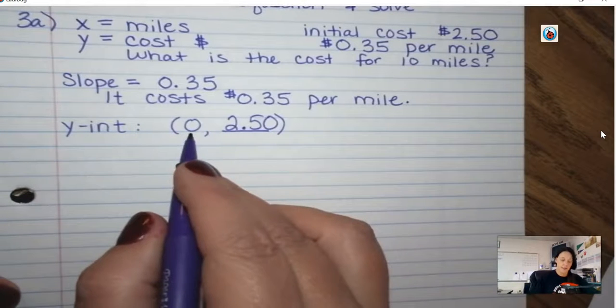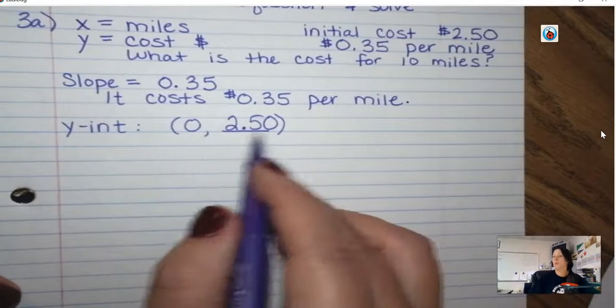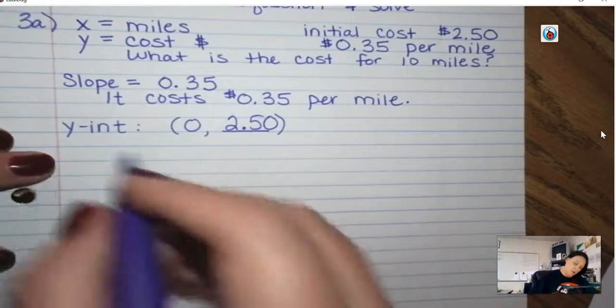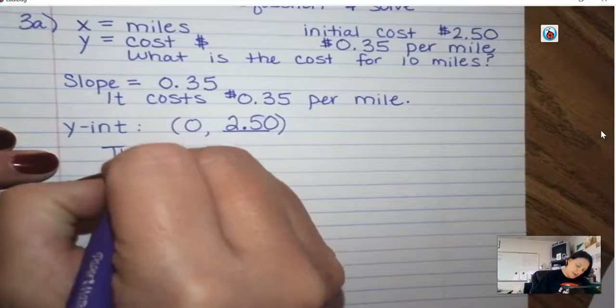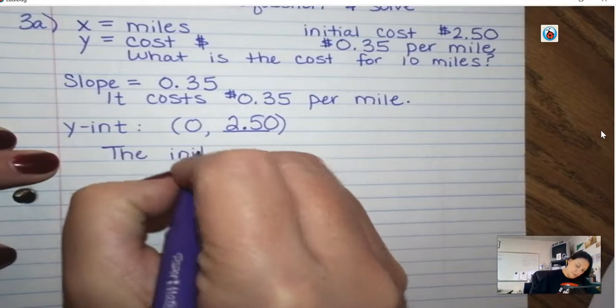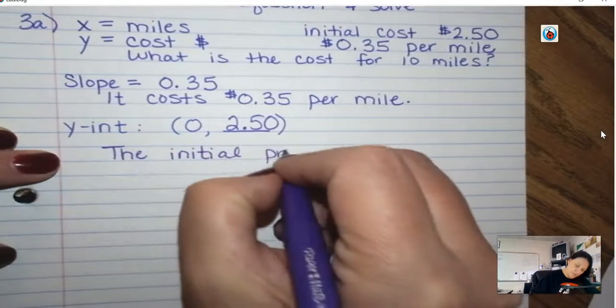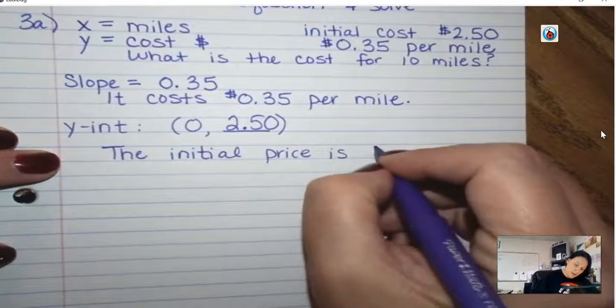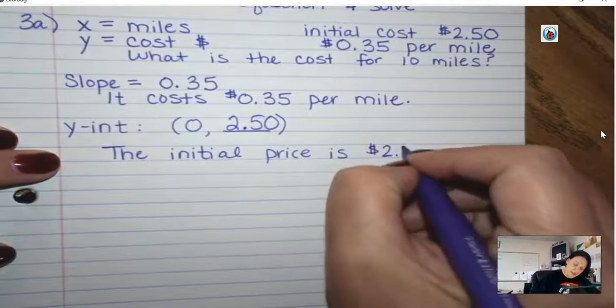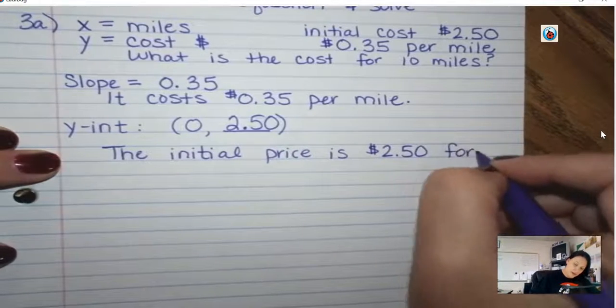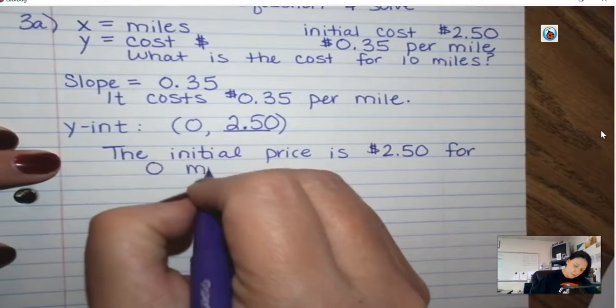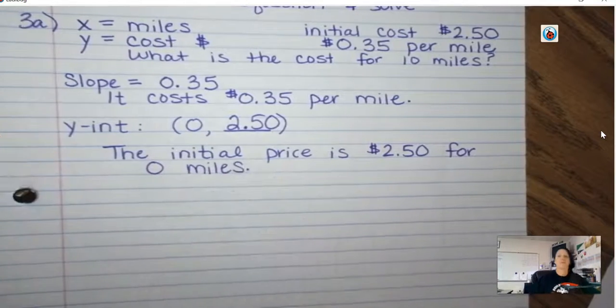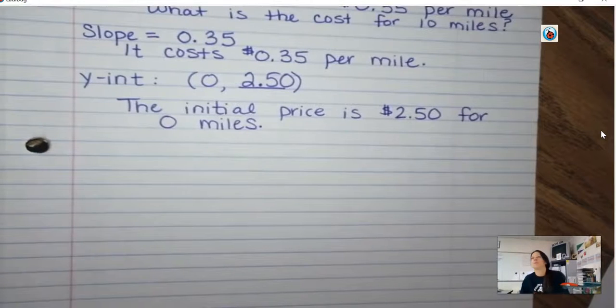At 0 miles, you're still going to pay $2.50. So the initial price is $2.50 for 0 miles. You're never going to pay less than $2.50.